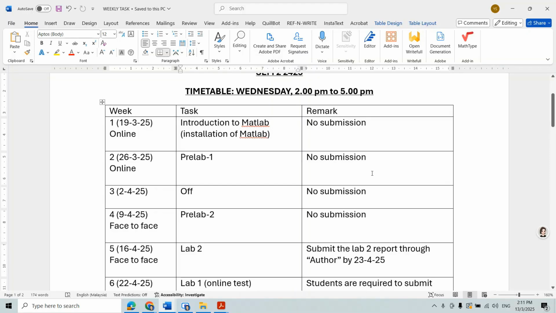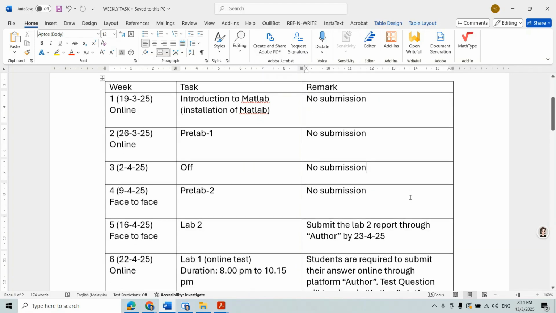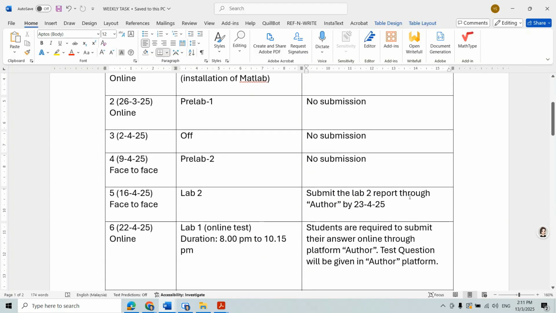In the third week we will be off, and then in the fourth week we will go to pre-lab two. There is no submission for pre-lab two, and it will be conducted face to face. After pre-lab two we will have lab two. You have to submit the lab two report through the Otter platform.